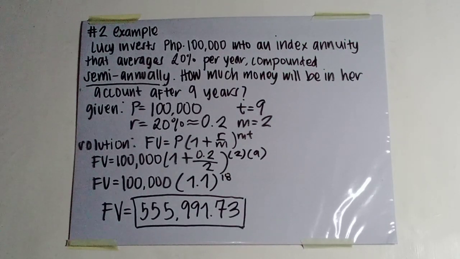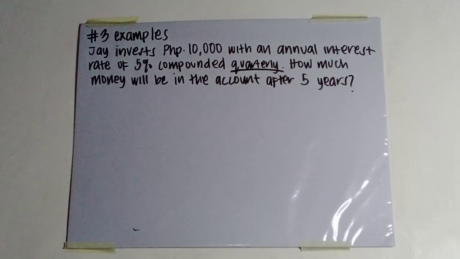So the money in her account after 9 years is 555,991.73 pesos. Number 3 example, J invests 10,000 pesos with an annual interest rate of 5% compounded quarterly. How much money will be in the account after 5 years?